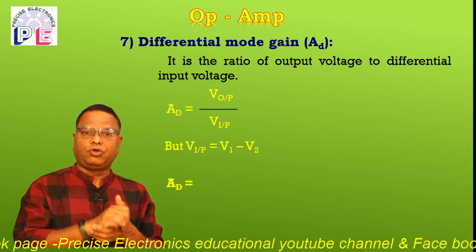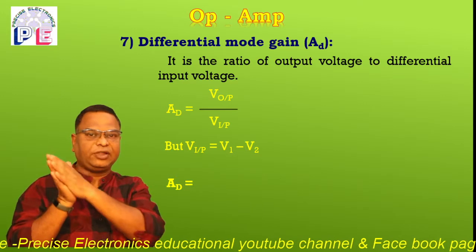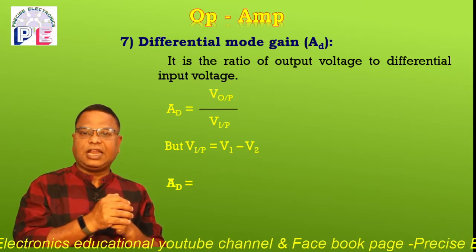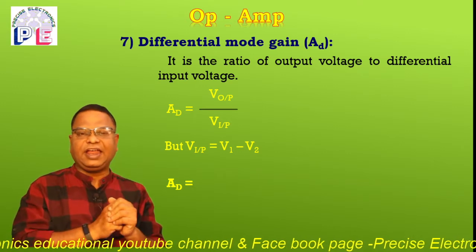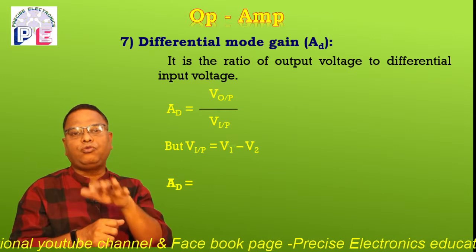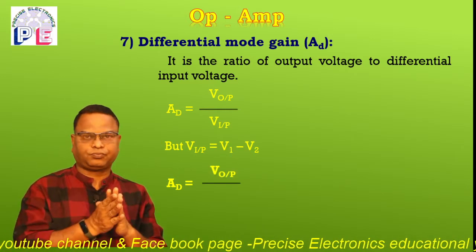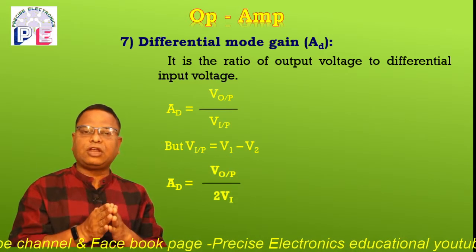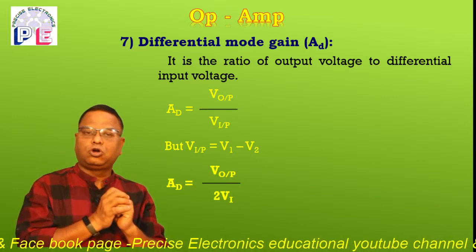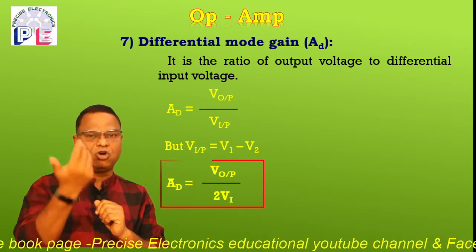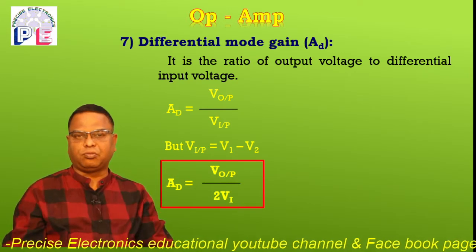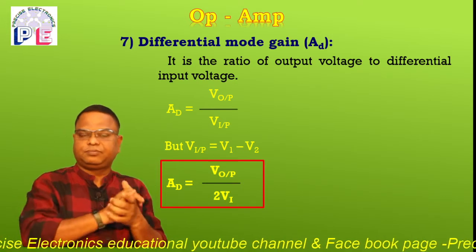In the last lecture, we also derived that formula. By using this formula, we can easily express that A suffix D is equal to V output upon 2V1 or 2Vi. So the differential mode gain of the amplifier is given by A suffix D is equal to V output upon 2Vi or 2V1. That is our final equation of differential mode gain.